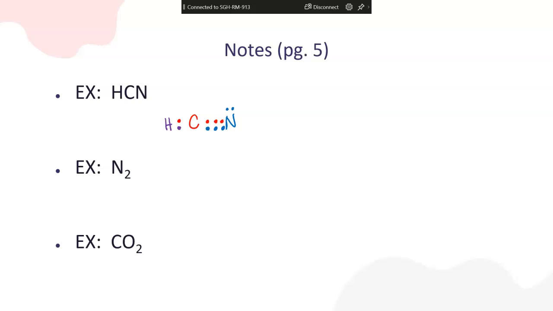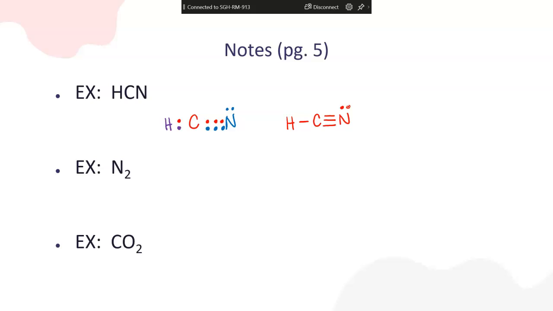What type of bond is that? Triple bond, because there are 3 pairs being shared. So hydrogen, when we draw the structural formula, has 1 bond to carbon. And carbon and nitrogen have 3. And then nitrogen has a pair that is not shared.